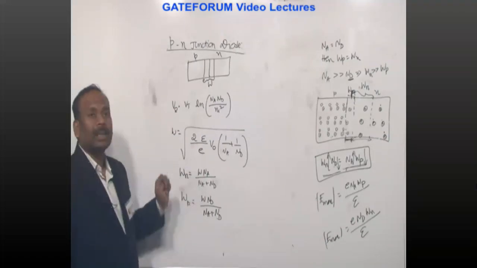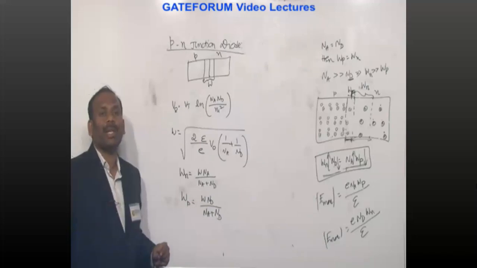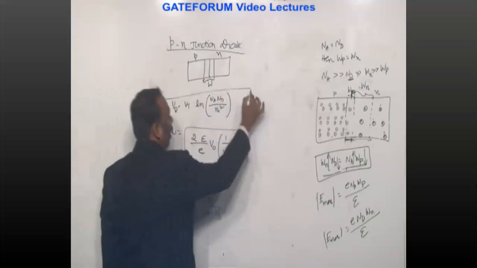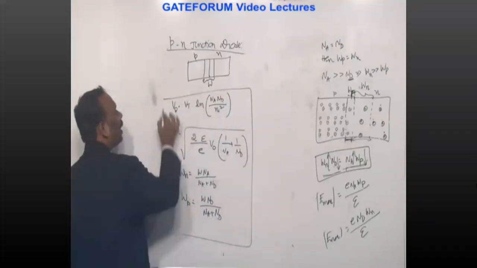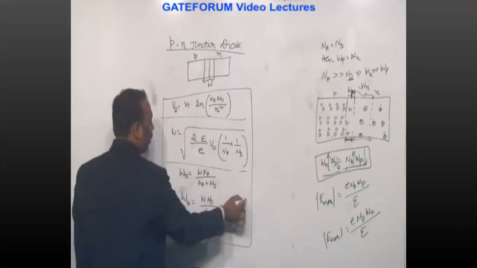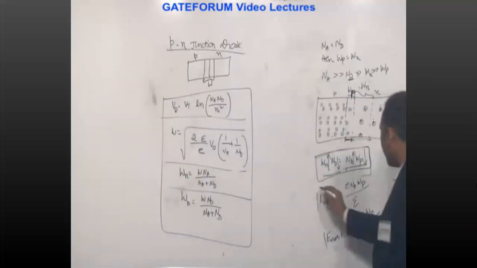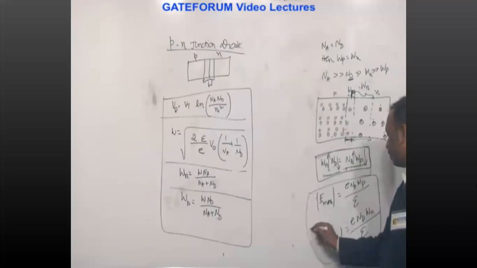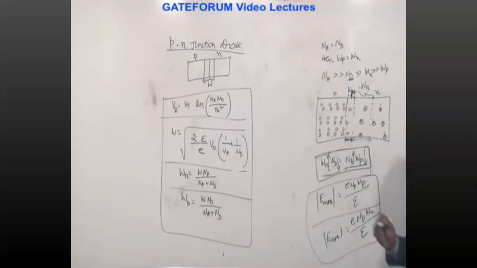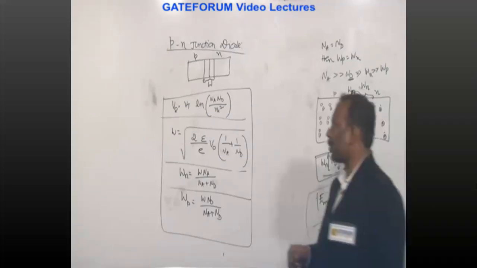Na is acceptor impurities, Nd is donor impurities. All these formulas are very important from the problem point of view. Clear? Next.